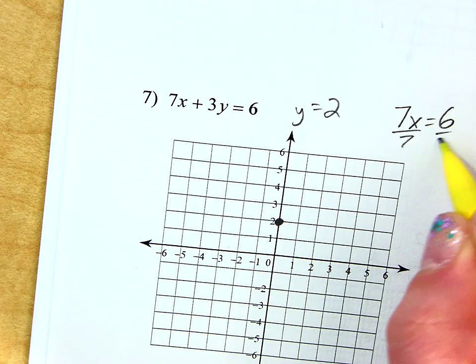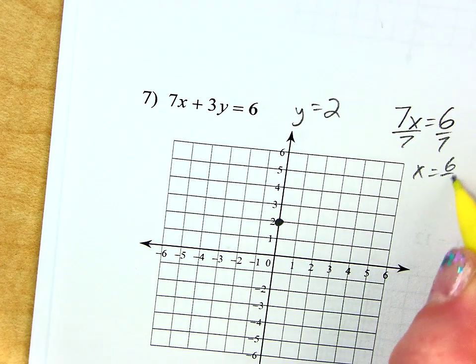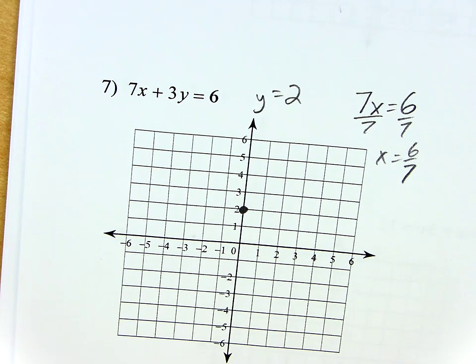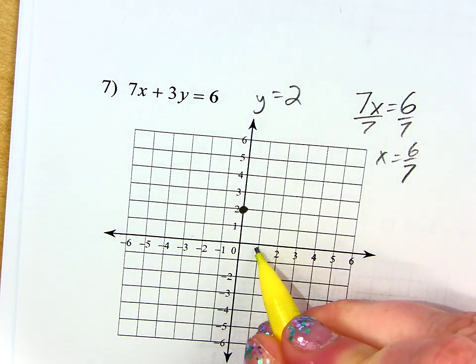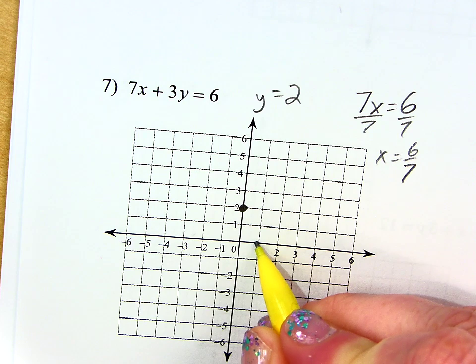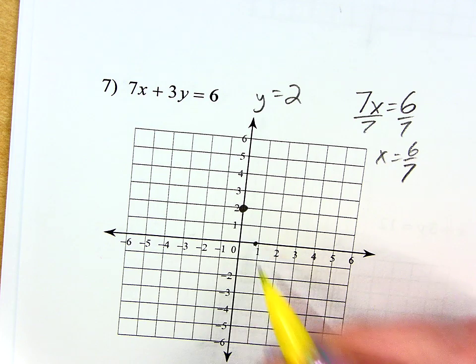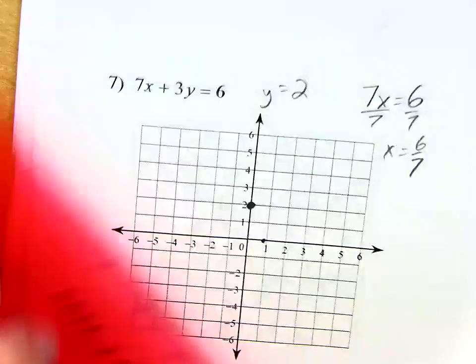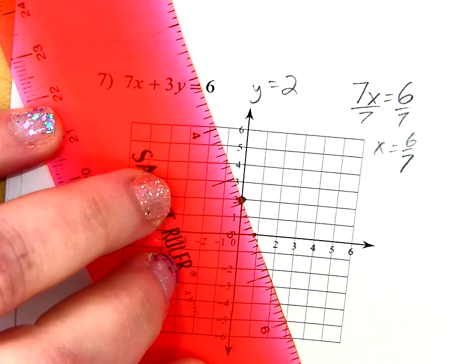So we divide by 7, 6/7. Where would 6/7 be on the x-axis? Yeah, right before 1. It's almost 7/7, but it's not quite. So I'd put it pretty darn close to 1, but just a smidge before. Connect those two dots, and you are done, my friend.